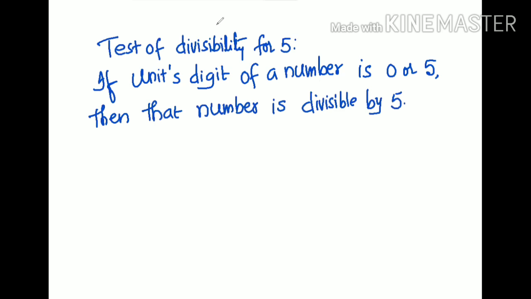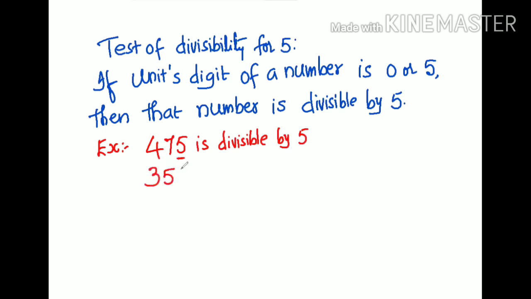Let us take an example here. 475 is divisible by 5 because its units digit is 5. 350, here units digit is 0.